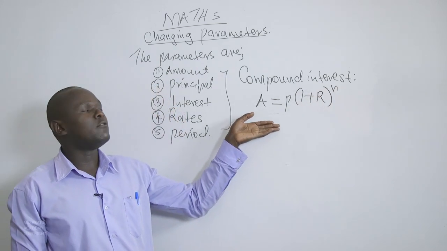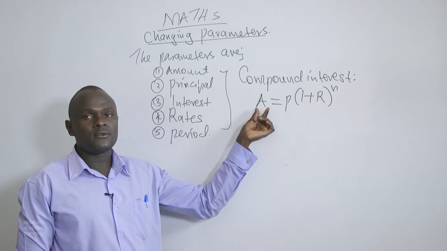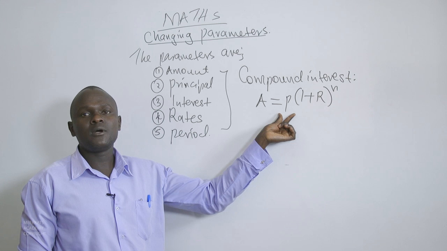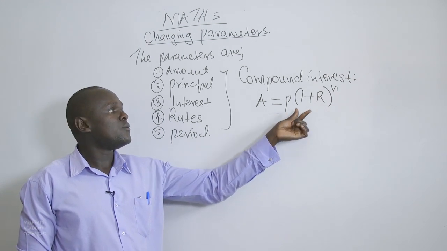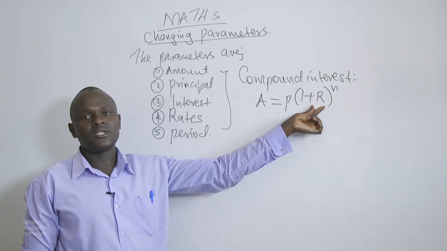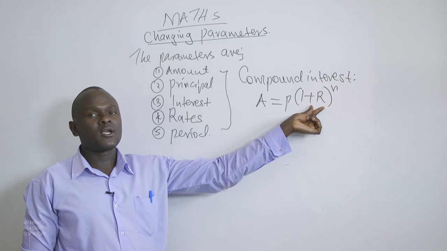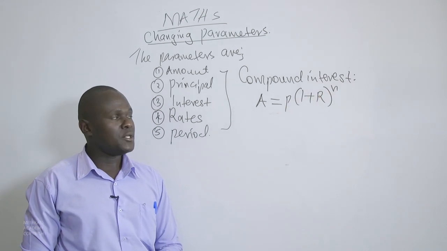These variables, we have already discussed them in our previous lessons. A stands for the amount, P stands for the principal amount that can be invested or borrowed. R stands for the rate of interest, the rate at which the interest is to be calculated, and small letter n denotes the periods.